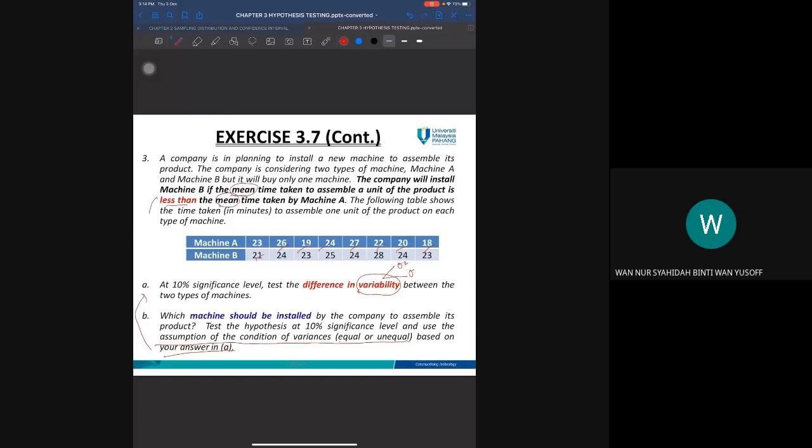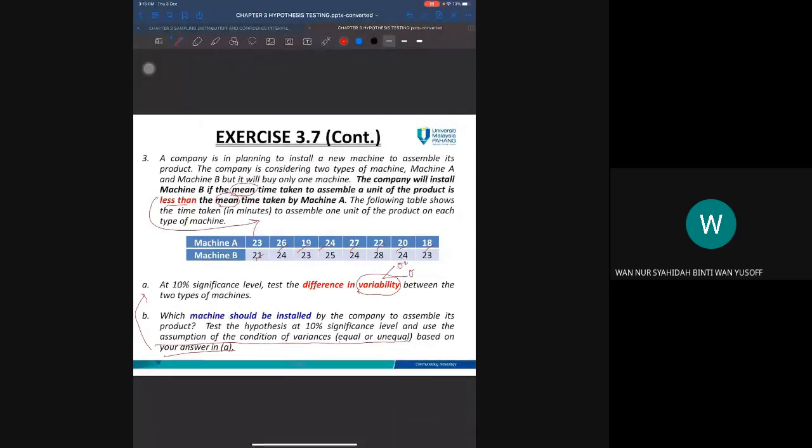So how is this hypothesis? It is B minus A. What is the parameter for this hypothesis? Mu.